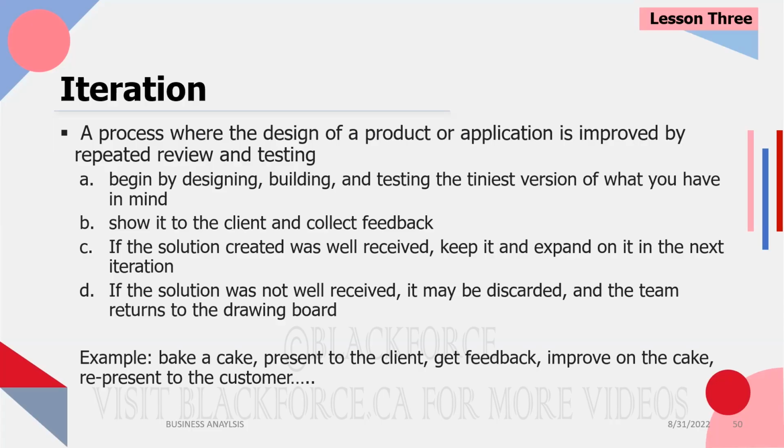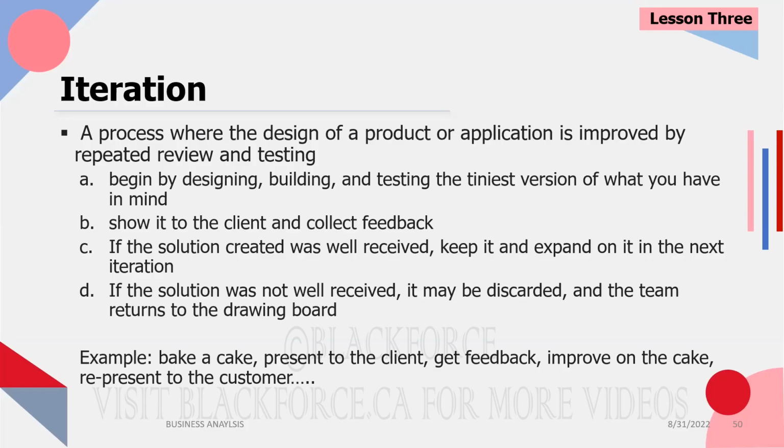Remember, we're testing the tiniest version of what we have in mind. We're not waiting till perfection. As fantastic as our company is, it's probably nowhere as big as Apple, right? But even Apple builds in iteration. Like I said earlier, that's why you keep getting this upgrade and this version, okay?